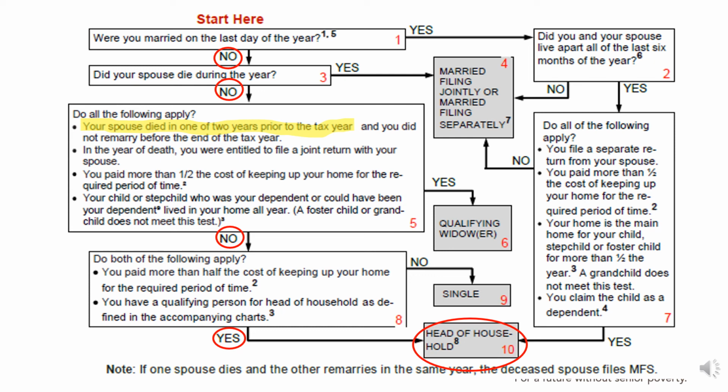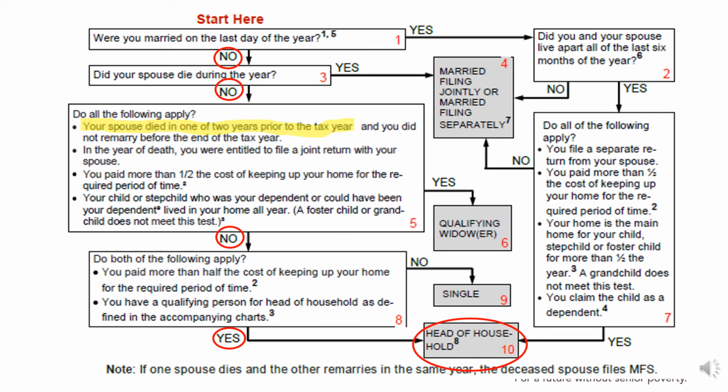So we make that box a no, and we don't really have to read any further as far as those 4 bullets. So we go down to the bottom box. Do both of the following apply? You paid more than half the cost of keeping up your home for the required period of time. You have a qualifying person for head of household as defined in the accompanying charts.